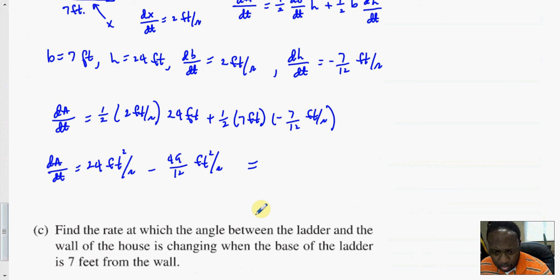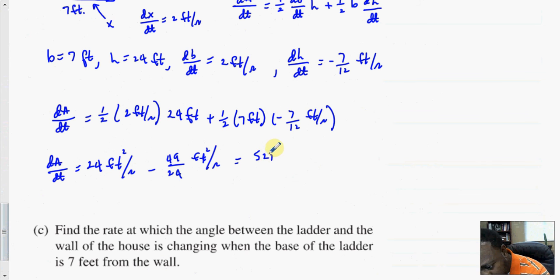So 49 over 24 feet squared per second. So that gives us 527 over 24 feet squared per second, or 21.96 feet squared per second.